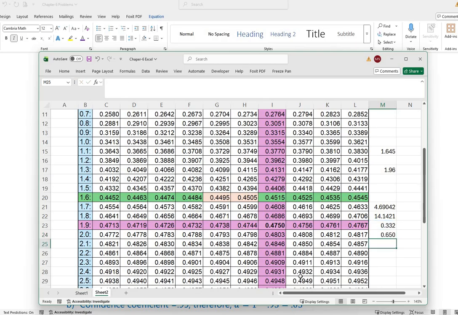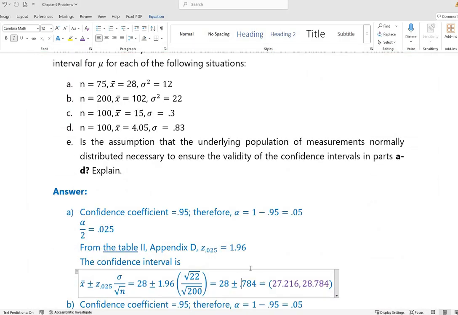This gives 0.650. So the answer: x bar is 102, so now the range should be 102 minus 0.650, which is 101.35, and 102 plus this.